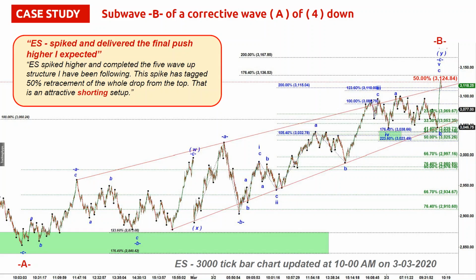Remember, when you deal with that impulsive structure, you should not forget that the whole move up here is a corrective structure. You should not forget that it started like an overlapping structure. Yes, it picked up pace at the very final stage, and this is exactly what normally happens with the final subwave C in corrective ABC structures.